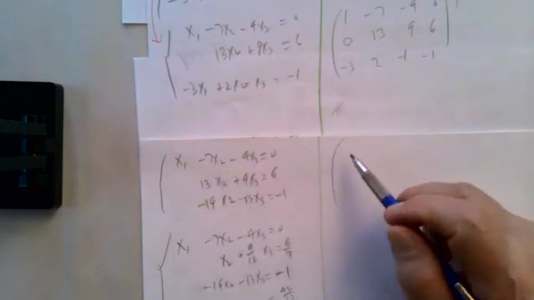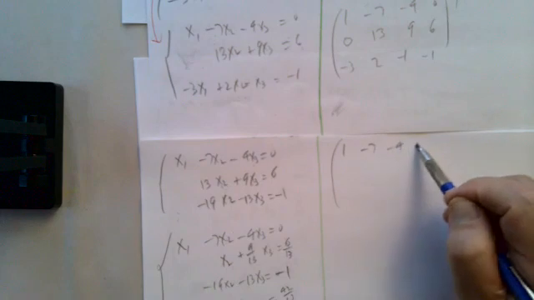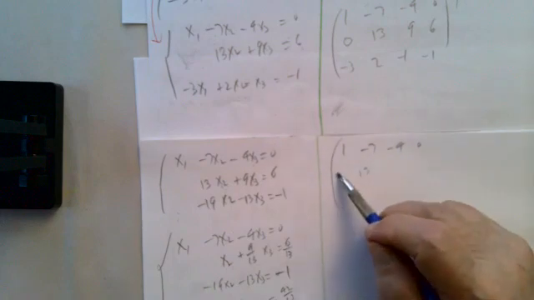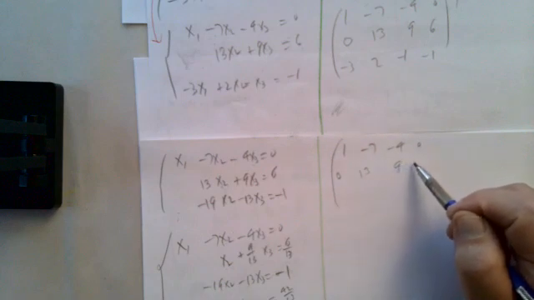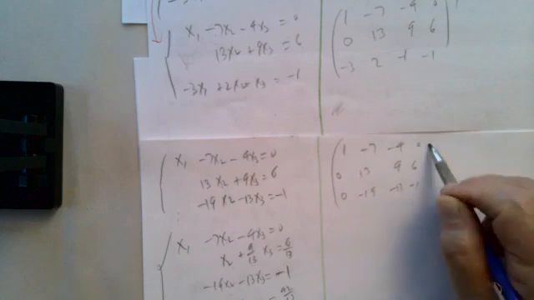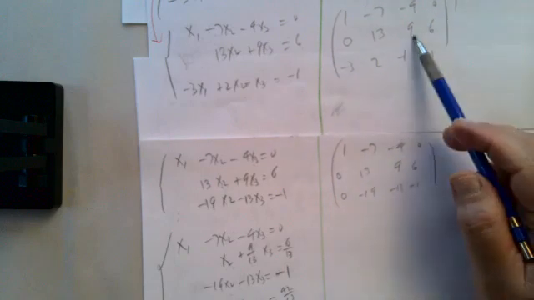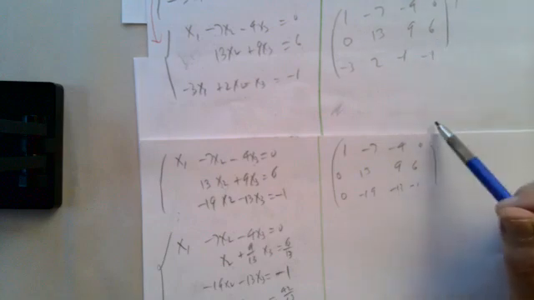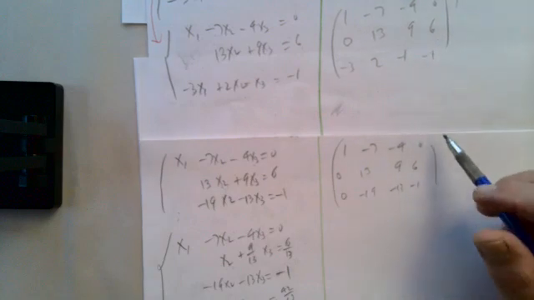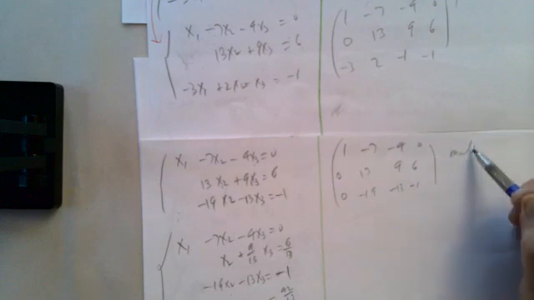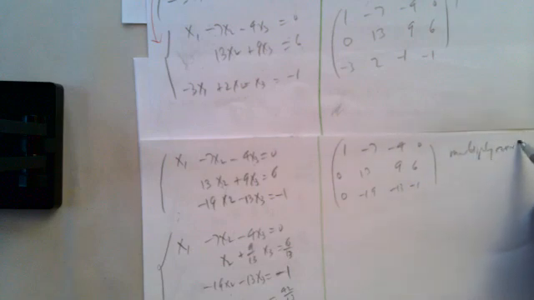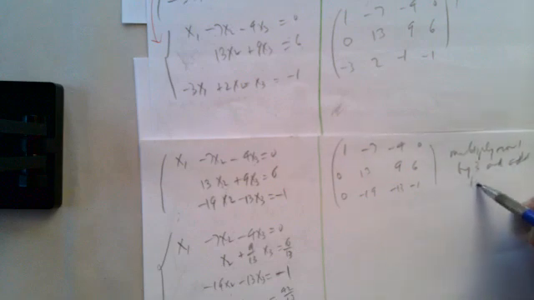If you look at the coefficients, 1, -7, -4, 0; 0, 13, 9, 6; 0, -19, -13, -1. So the first two rows are the same, but we got from here to here by multiplying row 1 by 3 and adding to row 3. Right?